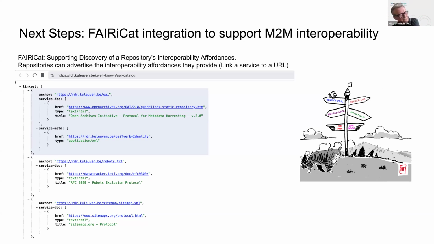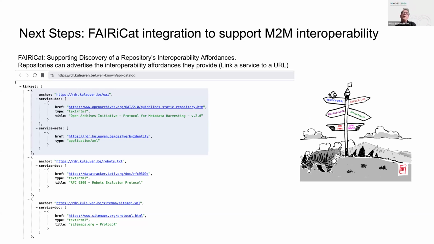For instance, if you go to a repository landing page, then often it's very hard to tell if and where the PMH endpoint is located, or even other REST interfaces or whatever. So the FAIRiCAT protocol gives you an opportunity to publicize those attributes.